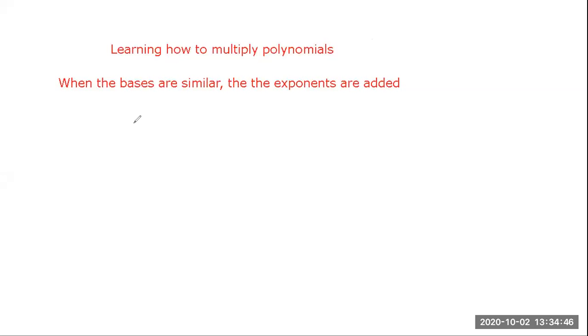All right, so say for instance I had x squared times x to the third. The definition says when the bases are similar, the exponents are added. So the base, which is x, they are not necessarily like terms, but they are similar, so then I add the exponents.